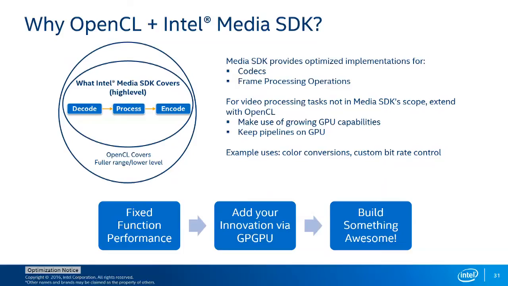So that lets you use even more of what's there on the GPU. You can do things like add your own algorithms to improve quality or do custom frame processing, and you can keep your pipelines on the GPU.